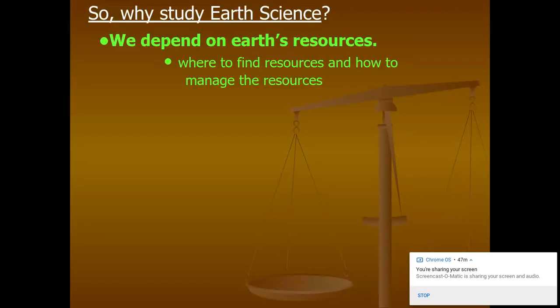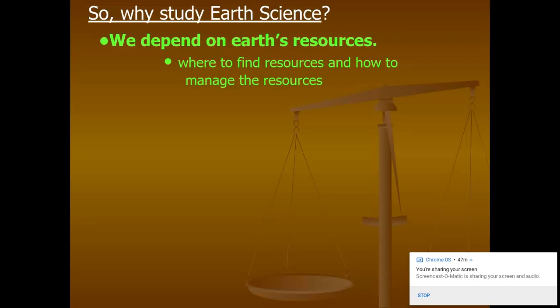So to conclude part number 2 of Intro to Earth Science, why do we study Earth science? Well, for one thing, we depend on Earth resources. And certainly if one understands how resources are formed, where the material is, where to find the resources, and then certainly how to manage the resources, because there is a balance between grabbing the Earth's resources and also at the same time maintaining the environment.